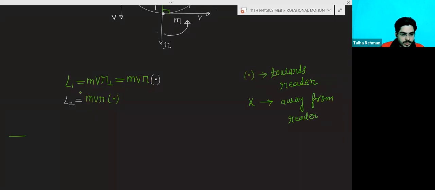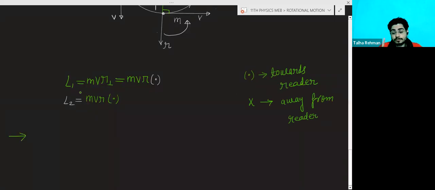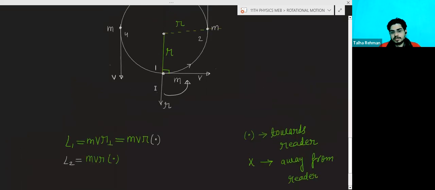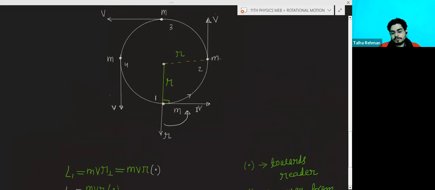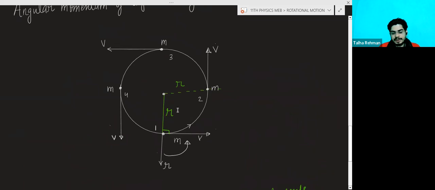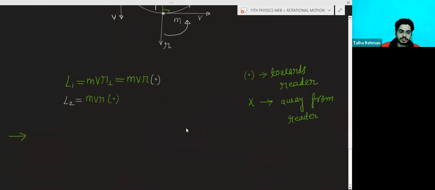So in case of uniform circular motion, remember the magnitude of the velocity is not changing.